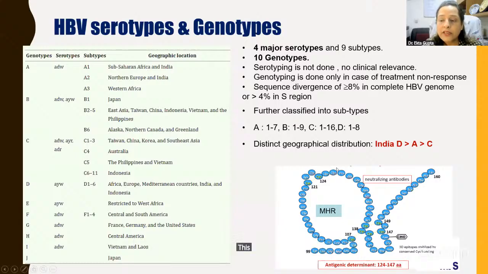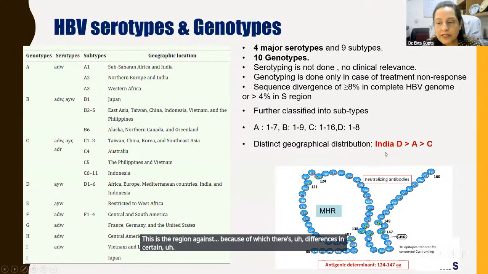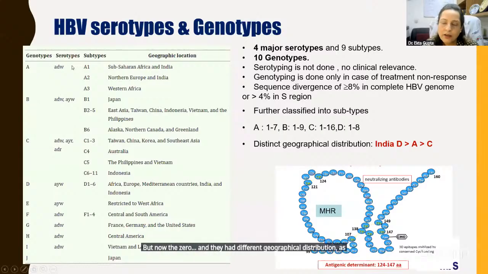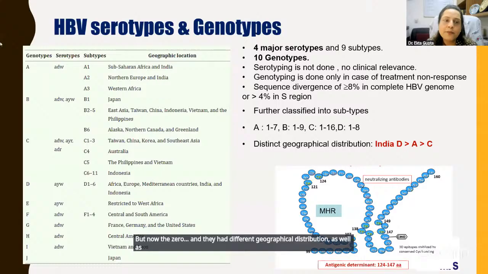This is the region because of which serotypic differences occur. Earlier we used to classify them into 4 serotypes with 9 subtypes: adw, ayw, ayr, adr. They had different geographical distribution as well as clinical significance. But now it is no longer done.